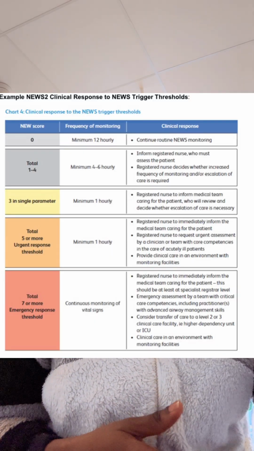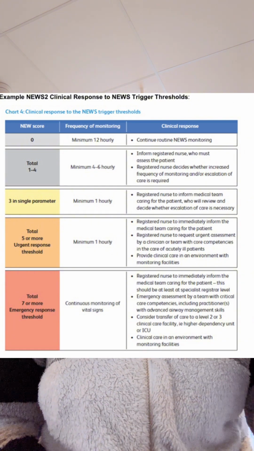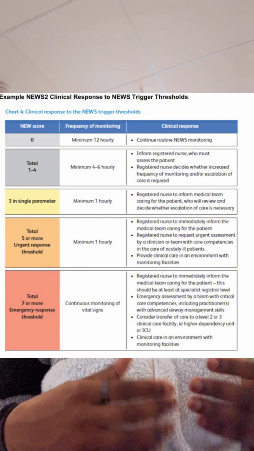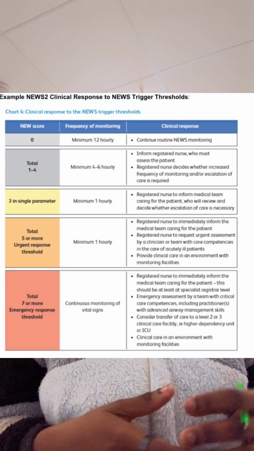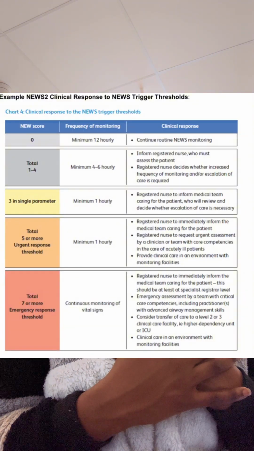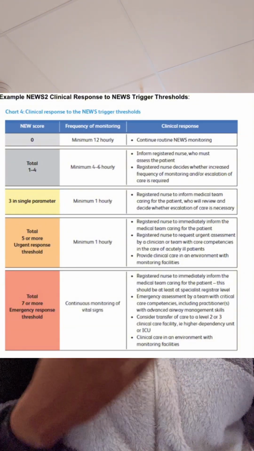Now, each component shows something. They stand alone, but they stand together at the same time. If you have a patient scoring on all of them, it shows that the patient is deteriorating generally. But if a patient scores high in respiration, it means the patient might be having respiratory distress. If a patient scores high on SpO2, it means the patient is having breathing difficulty.